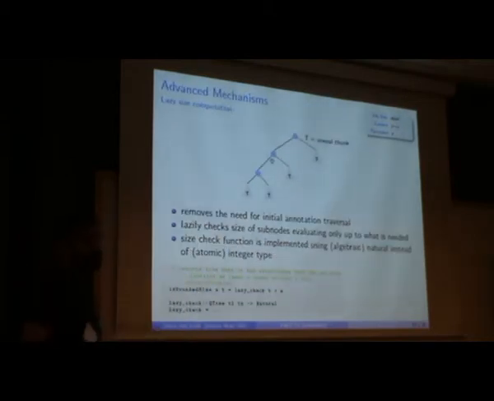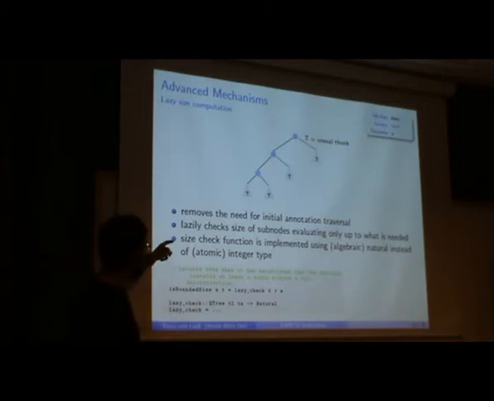Now we move to some more advanced mechanisms which use laziness inherently, and the first example is lazy size computation. Unlike the previous strategy where we saw that we need the global size information, this variant removes the need to do an initial annotation traversal, because at each node we lazily check if we have sufficient work at a particular node before sparking, creating a pointer to parallelism.